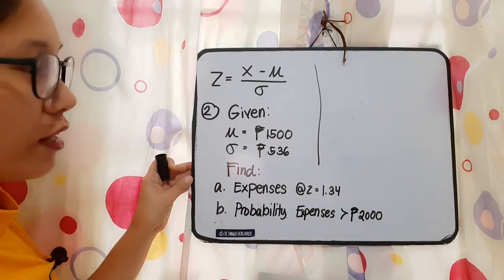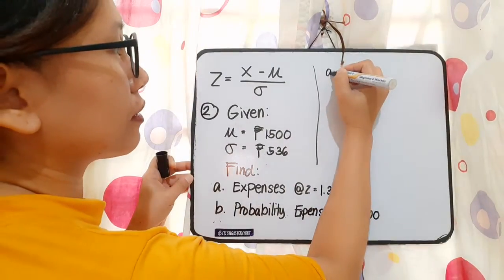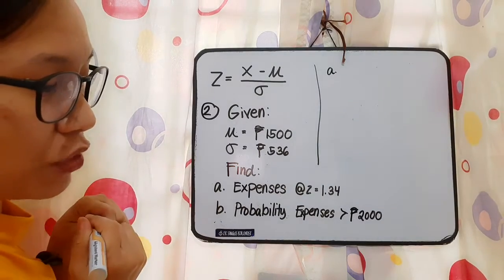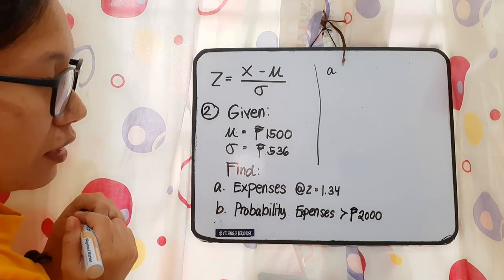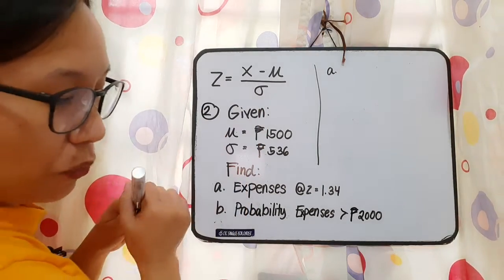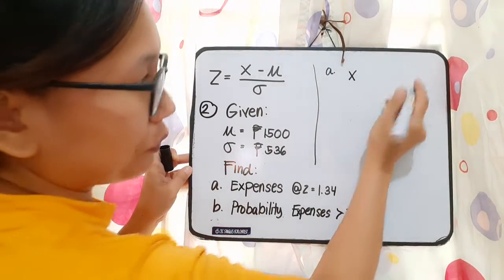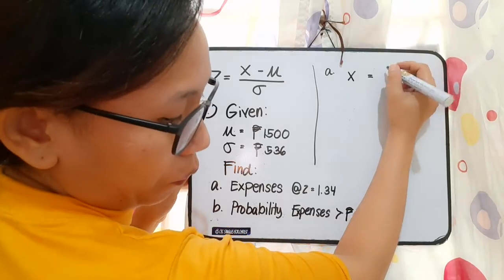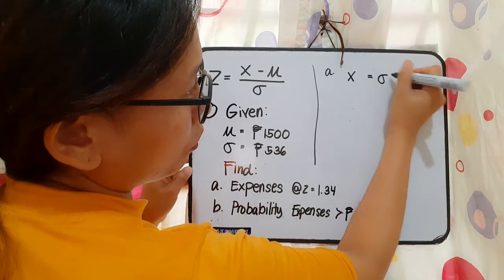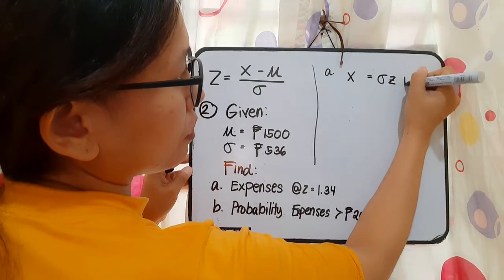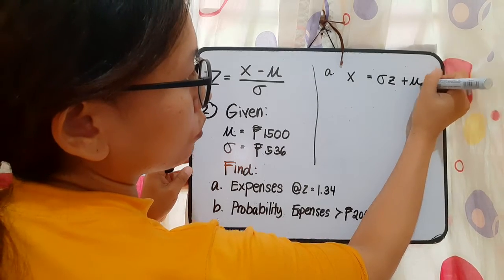So first, we are to find letter A. In that case, we will just manipulate this equation just like in a previous example. X is equal to rho times z plus mu.